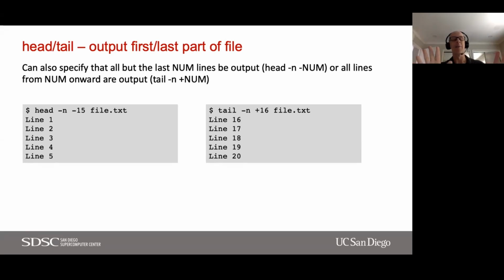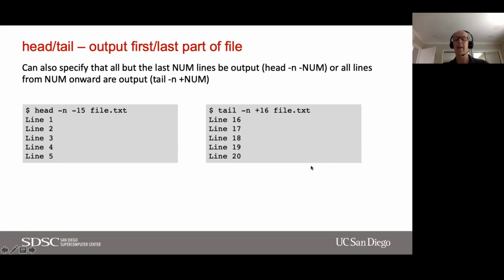I know that sounds a little garbled when I say it out loud, but let's look at a specific example. Here we're running head -n, and this time with -15 instead of 15. So I don't want to see the first 15 lines. I basically want to see everything except the last 15 lines.